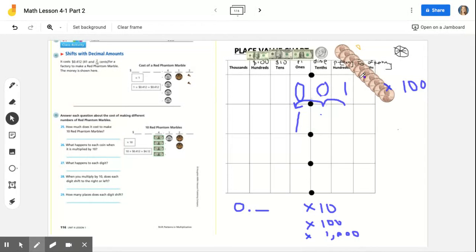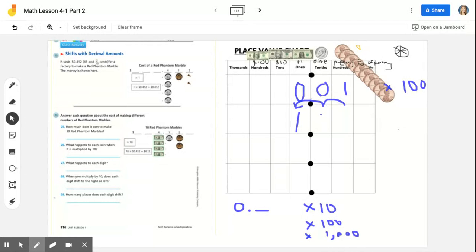And something to notice here, always relate these values back to $1. We see that 1 penny is a 100th of a dollar, or a $1 bill is 100 times the amount as 1 penny. Okay, so thanks for following along with the quick introduction.